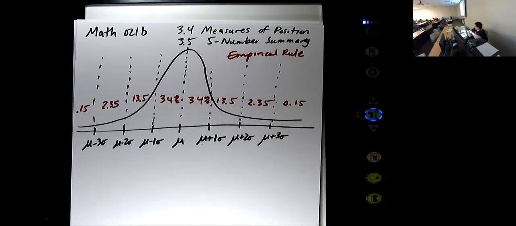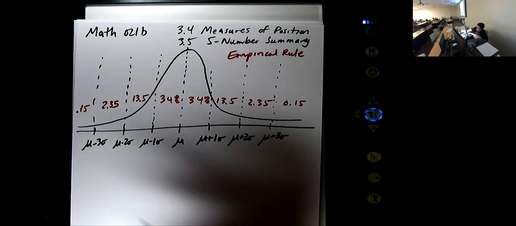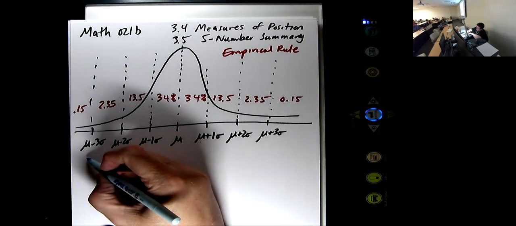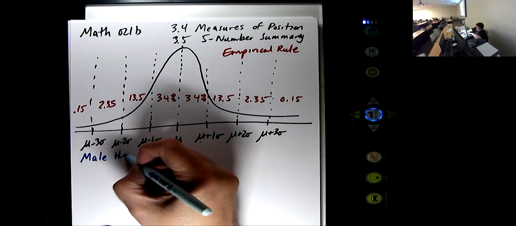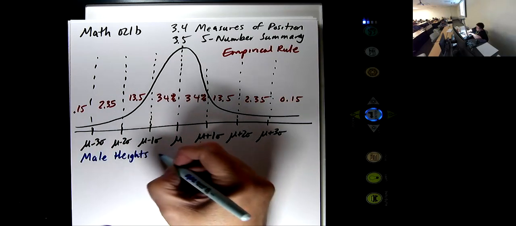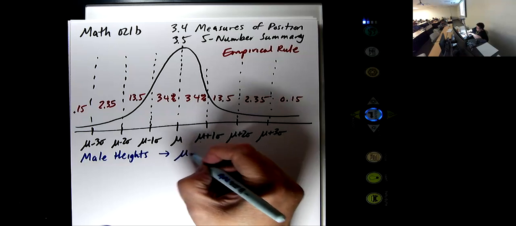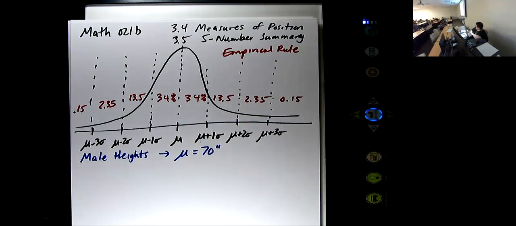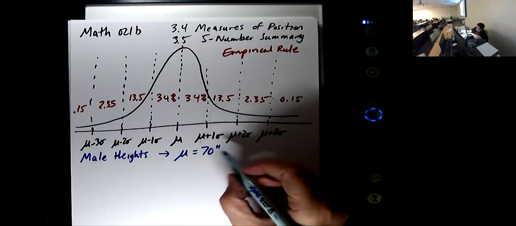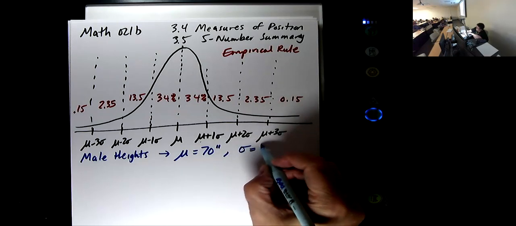I think this following information is for the United States, but it might be the whole world. Male heights have a mean of 70 inches, with a standard deviation of 4 inches.